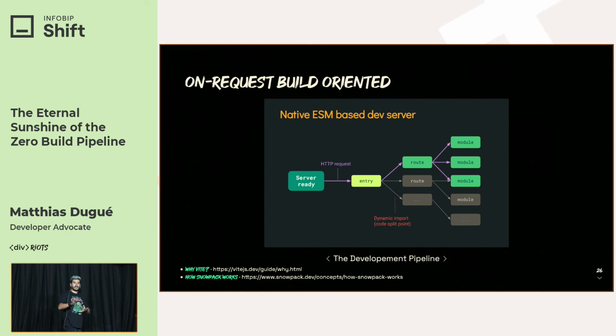So I don't have to pack anything. Each time I will request a new view, there will be a new code analysis and requesting new dependencies, and everything will be served directly from my node modules or from my code base for my own custom modules. I don't have to do anything more than just pushing my first entry file, and that's all.